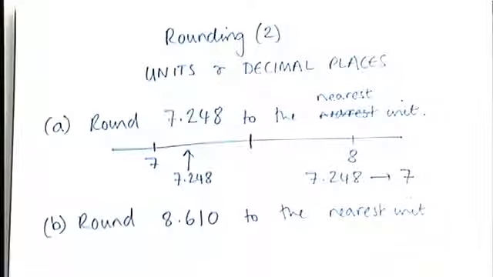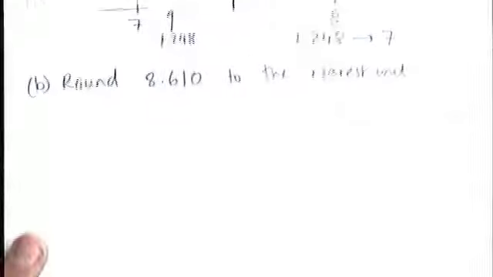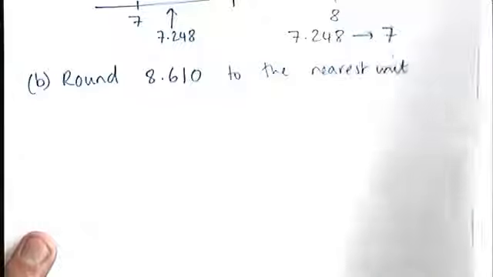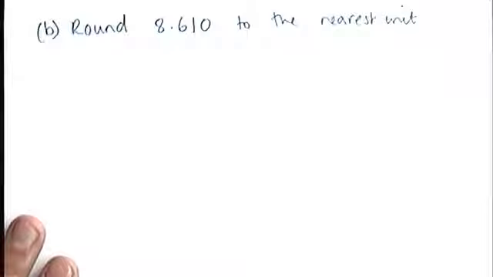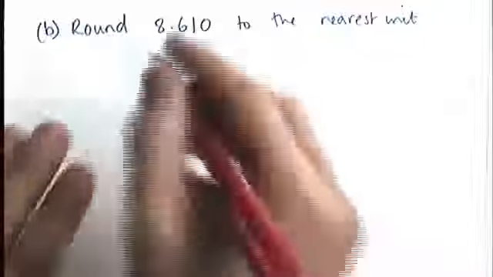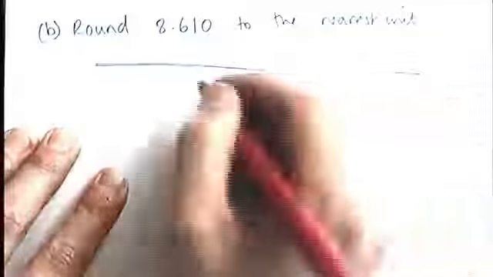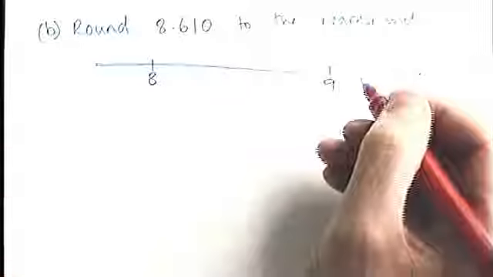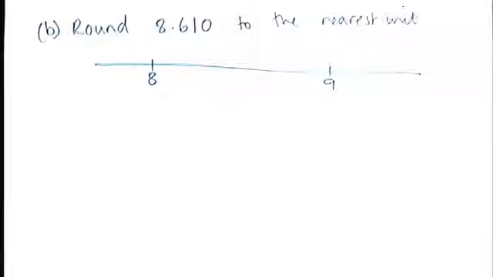Okay, let's have a look at the next one. 8.610 to the nearest unit. Once again, I do myself a little number line. And I might do this in my head actually, rather than write it out on a piece of paper, if I got really good at this.